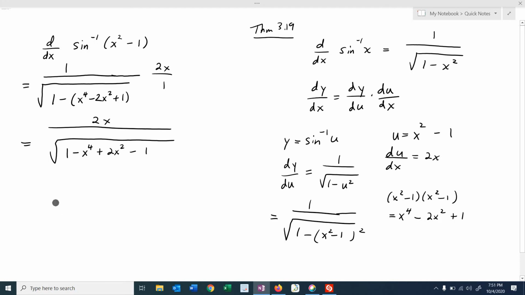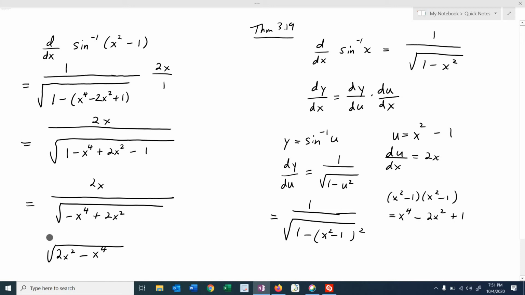But then the 1's cancel out. So we're left with negative x to the fourth plus 2x squared underneath the square root. It might be better to write the 2x squared first; it just looks a little nicer. And so that's the derivative of arcsine of x squared minus 1.